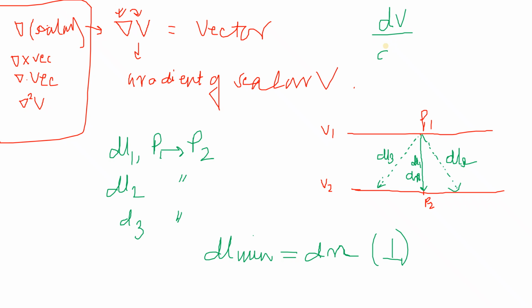So the change in the potential with respect to distance is called the space rate of increase of potential. Suppose V2 is greater than V1 by some margin, suppose V2 is V1 plus delta V. If I jump from P1 to P2, then the potential will increase. So I want the increase in potential to take place.